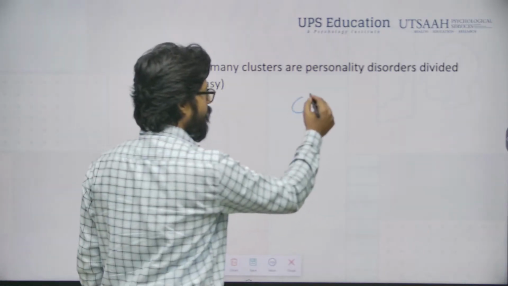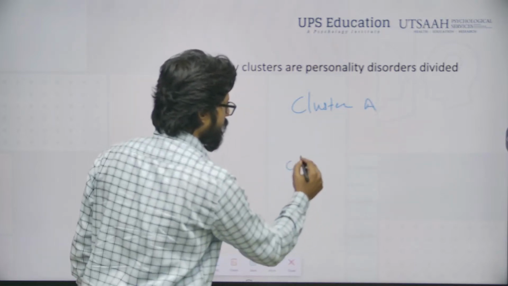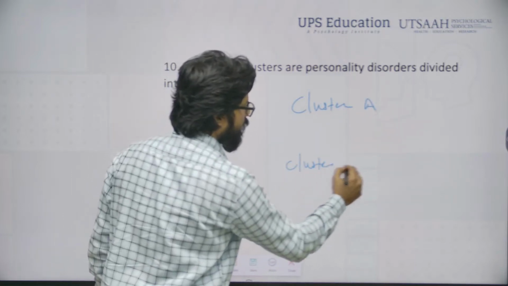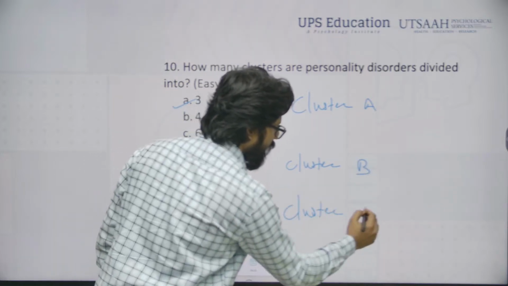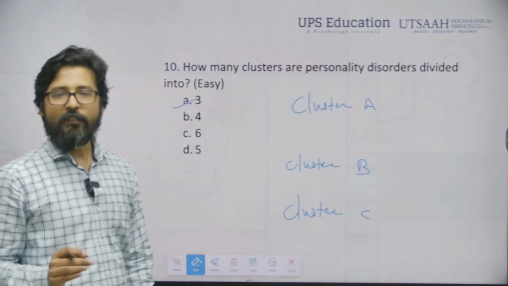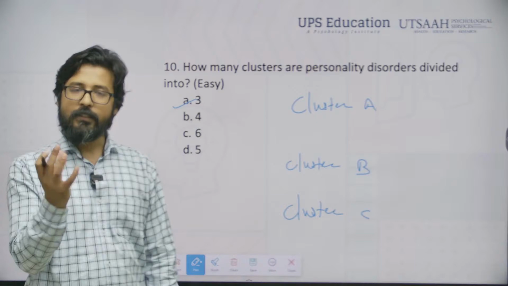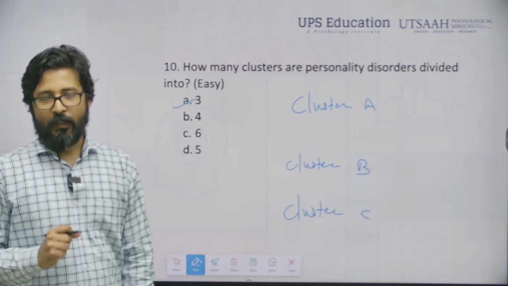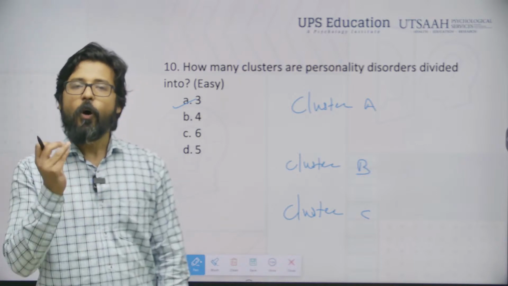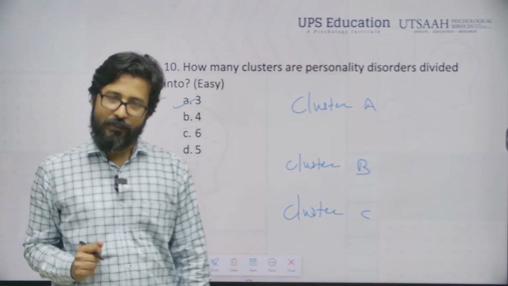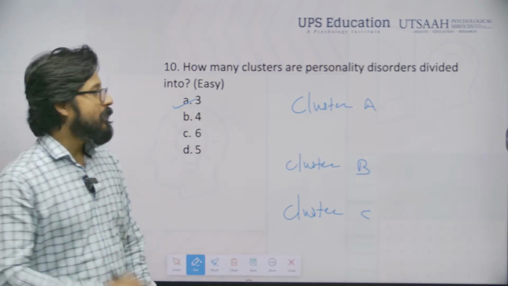Cluster A, cluster B, cluster C. And these three clusters are divided on the basis of groups of symptoms. Cluster A is based on odd or eccentric behaviors, like paranoid personality disorder and schizoid personality disorder.